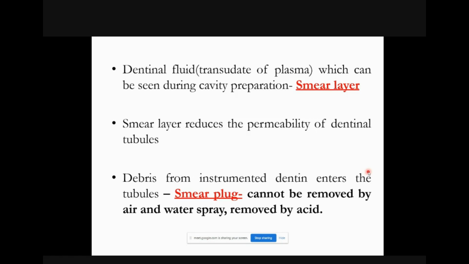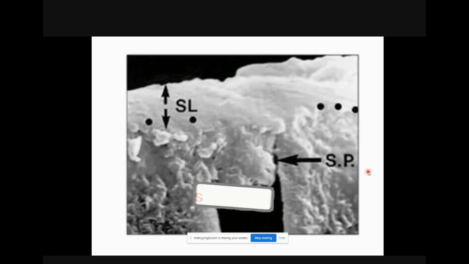That, along with the smear layer, forms a plug, and this plug cannot be removed by air and water spray. You have to use an acid, and that's why whenever we are doing a composite restoration, we need to acid etch so that we remove all this and create irregularities before we place any restorative materials.